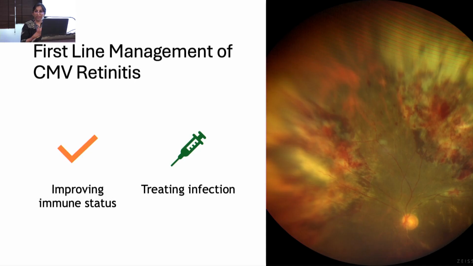So you have to take care of that. The second part of the arm is treating the infection, which again you've got to remember is not limited to the eye. CMV retinitis in an immunocompromised patient usually means there's infection elsewhere in the body.